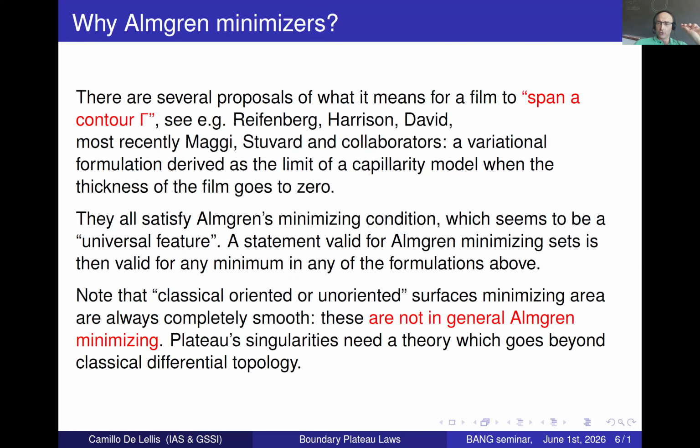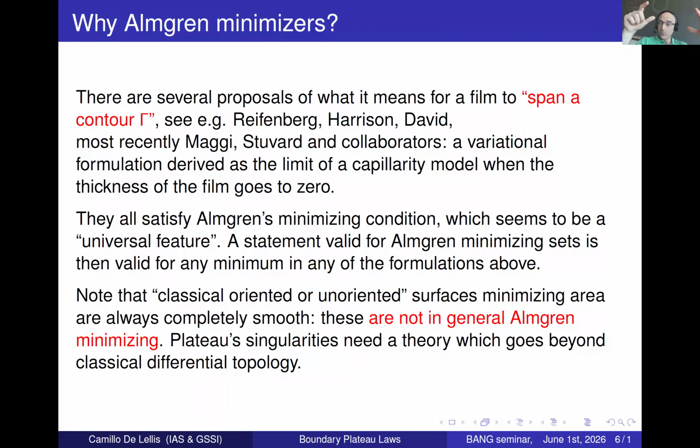Okay, now note another thing. You might actually ask, but why aren't you taking the easiest of all the possible definitions? Why don't you take classical oriented or unoriented surfaces which are bounding that gamma? For instance, if gamma is a closed curve, and you minimize in that setting.